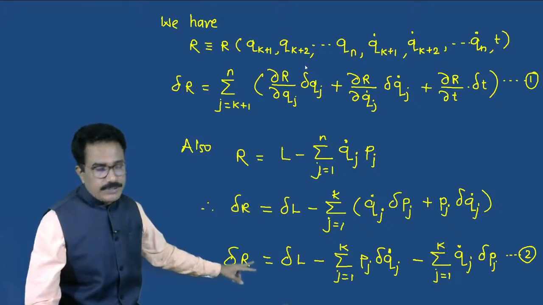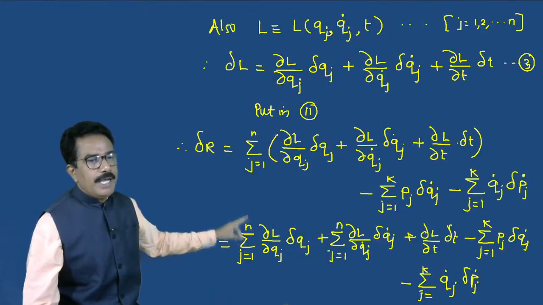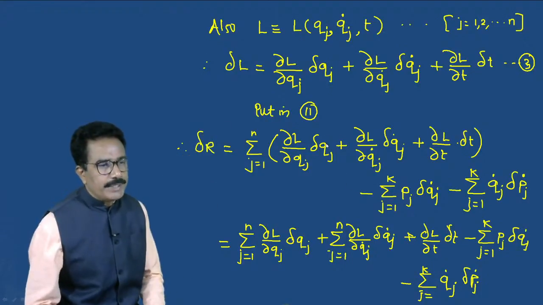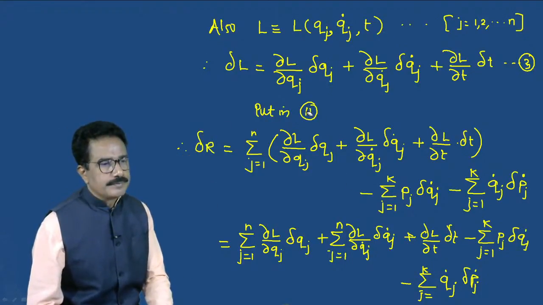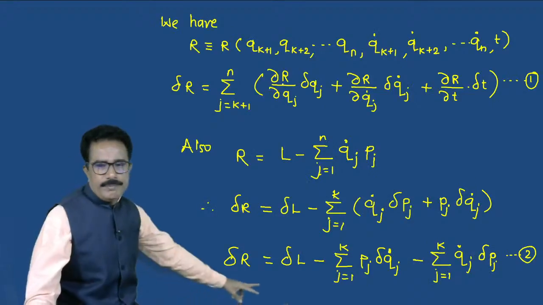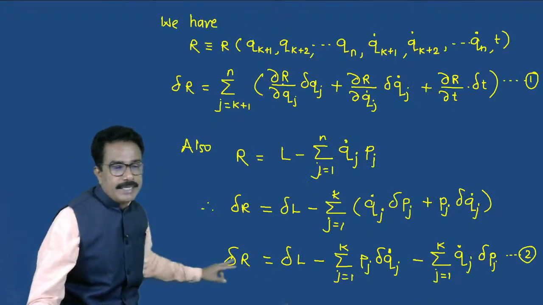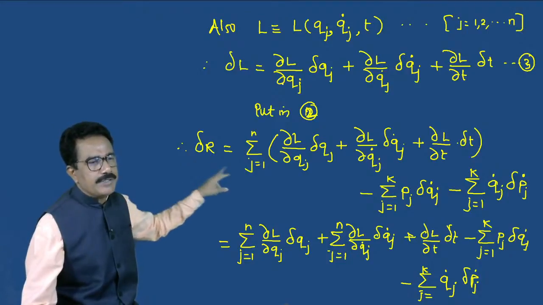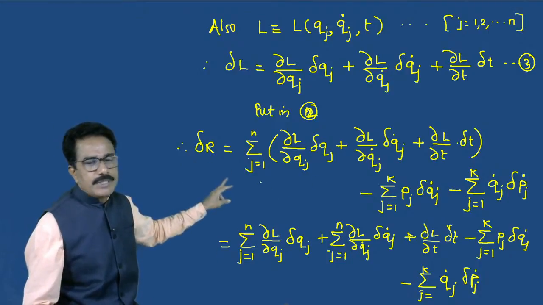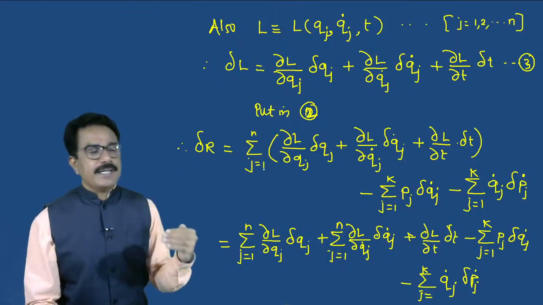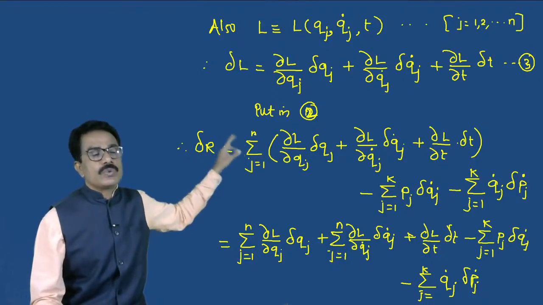So put this value. Now see, put the value of delta L in equation 2. Means here we have to put delta L, then we get delta R. So we get delta R equals, this is the value of delta L. In delta L, the Lagrangian has summation j equals 1 to n.